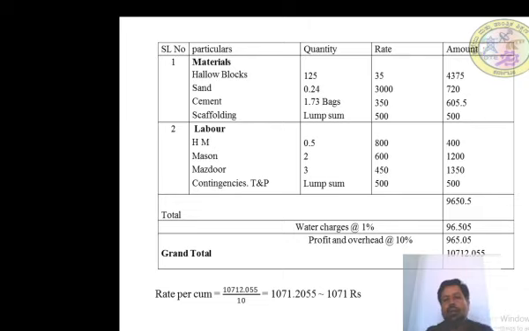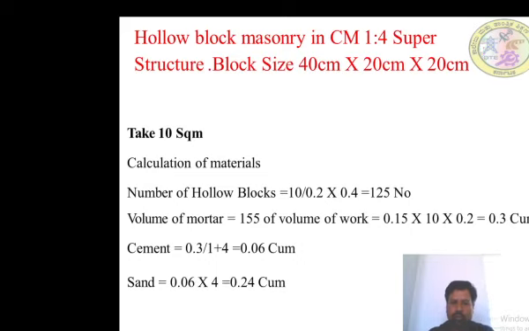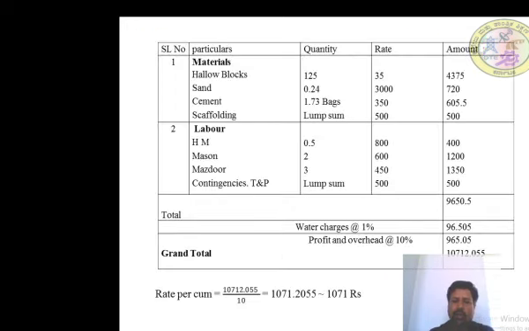Next, the same type of work for solid blocks, and the same procedure should be followed, from ground floor to first floor. In case of labor, suppose for hollow blocks on the ground floor: head mason 0.5, mason 2, and mazdoor 3.